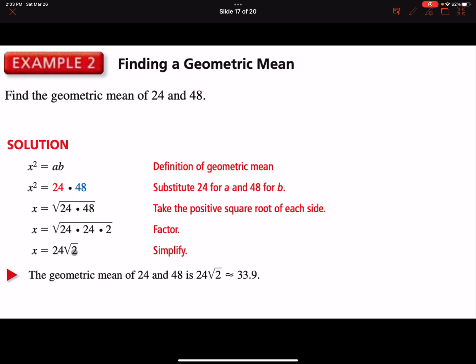Okay, so the geometric mean is 24 root 2. I don't expect you to do this. I would prefer that you stay with 24 root 2. That is a more exact answer, and that is the correct answer. Okay, so the geometric mean of 24 and 48 is 24 root 2.